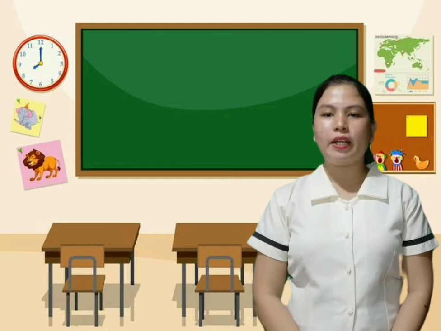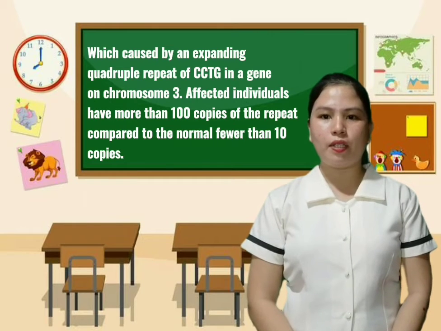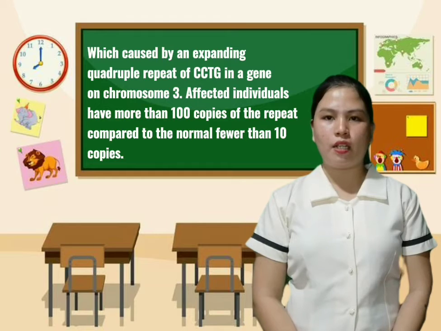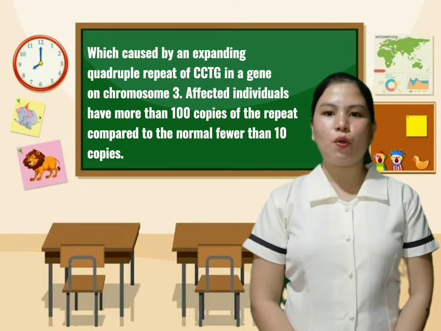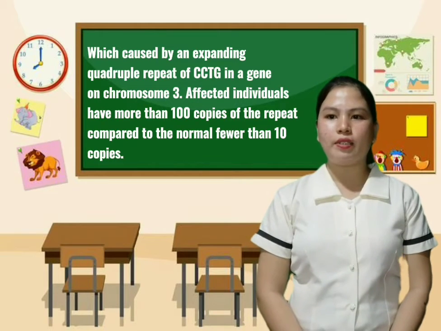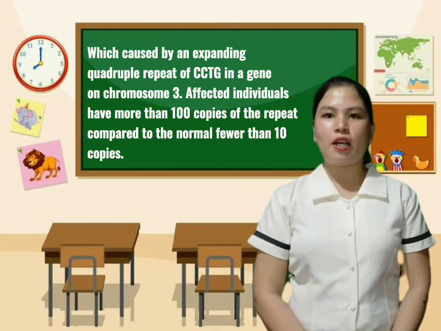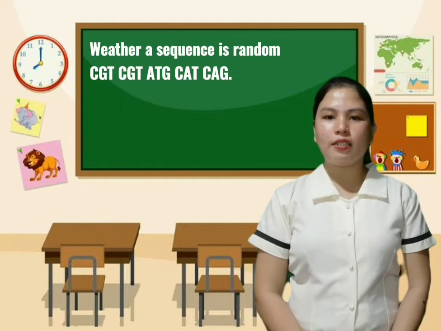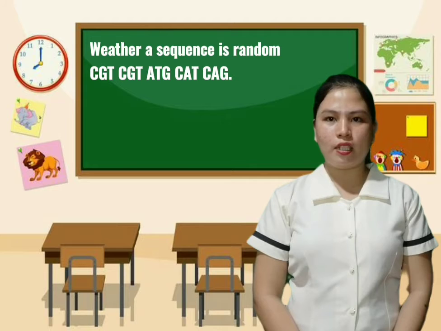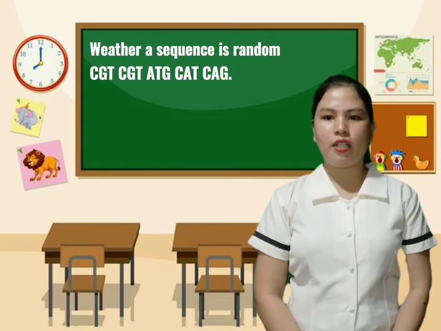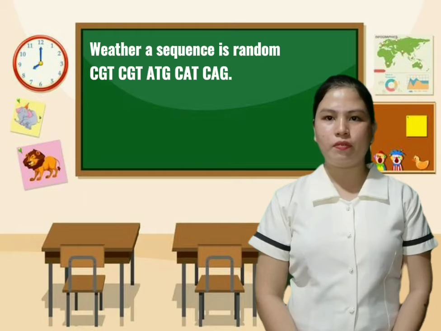Myotonic dystrophy type 2 is caused by an expanding quadruple repeat of CCTG in a gene on chromosome 3. Affected individuals have more than 100 copies of the repeat, compared to the normal figure of fewer than 10 copies.